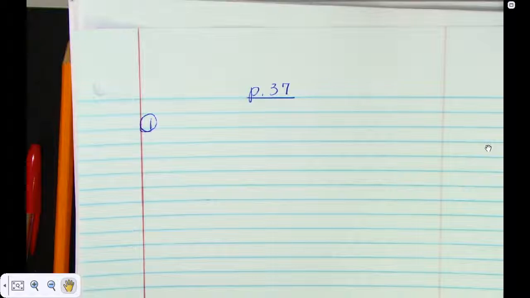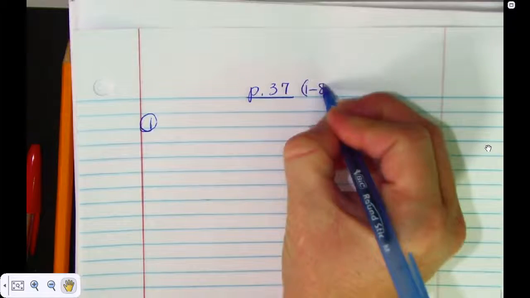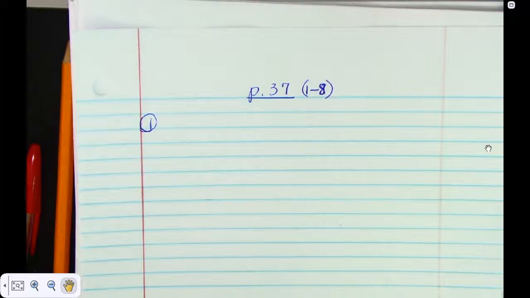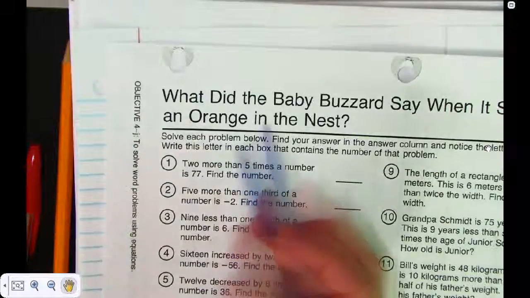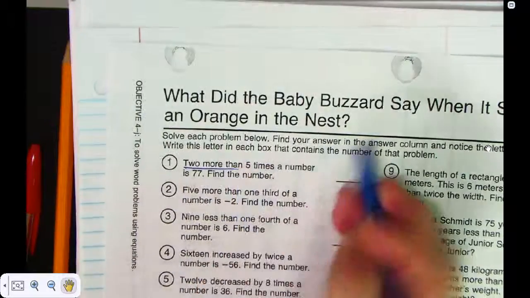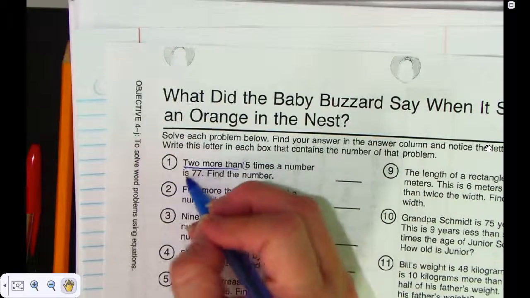You're going to do 1 through 8 right now. 1 through 8 today. But we're just going to write them down. Well, no, I think if you have time, you can solve them.